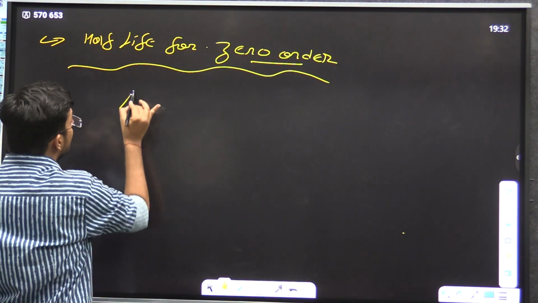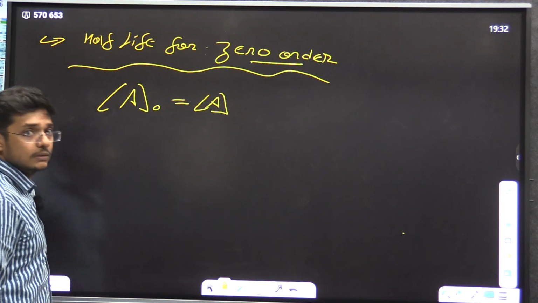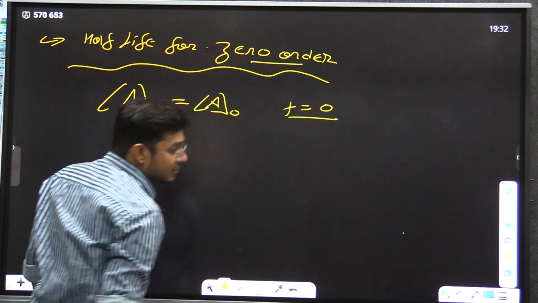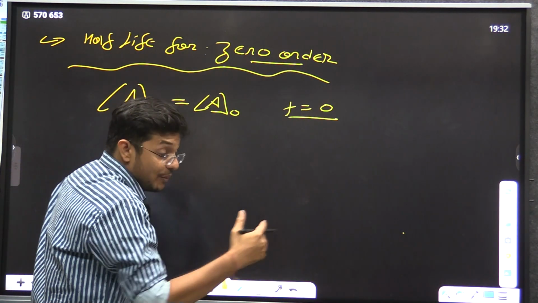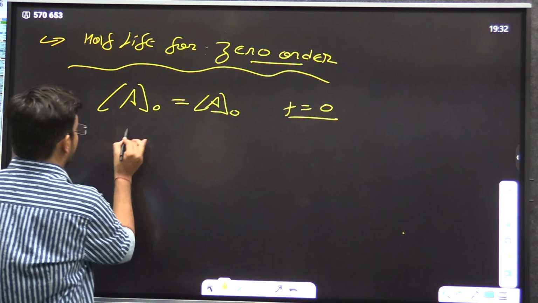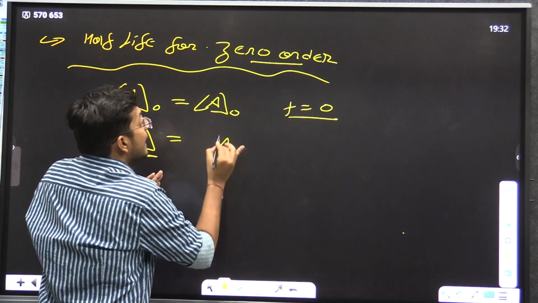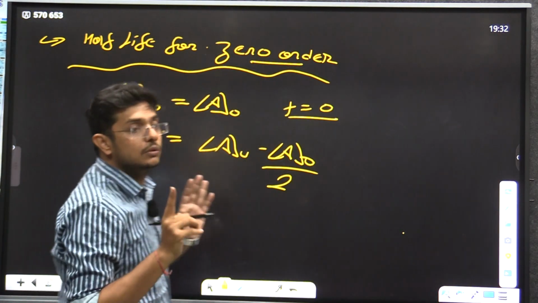What I mean to say is, let's suppose the initial concentration is A naught at time t equal to 0, and the reaction is consumed up to half time. At that time, the concentration A that is left is half of the initial value.